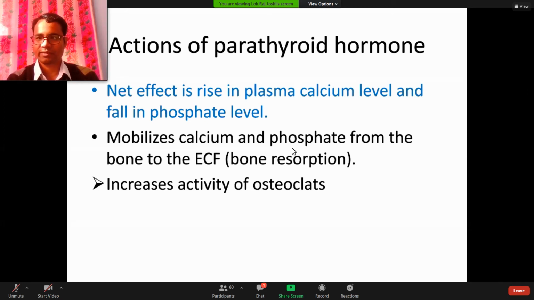By this mechanism, the extracellular fluid phosphate would also increase, but it is only one of the mechanisms of action of parathyroid hormone. There are other mechanisms that decrease phosphate level. This bone resorption is mediated by osteoclasts. You know the functions of osteoblasts and osteoclasts: osteoblasts are responsible for bone deposition, and osteoclasts mainly for bone lysis.